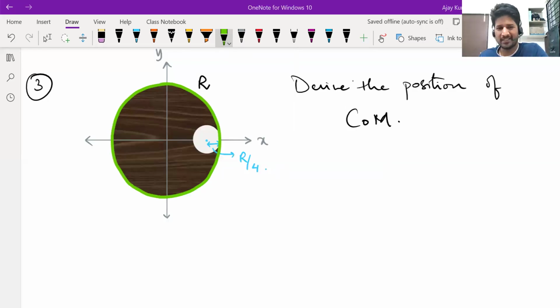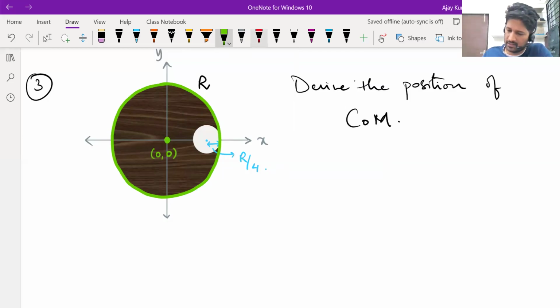It's a symmetric mass distribution. If the whole mass was there with no missing part, it'd be the center, but now it'll be shifted to the left. Okay, good. So the positive mass, its center of mass is 0, 0.